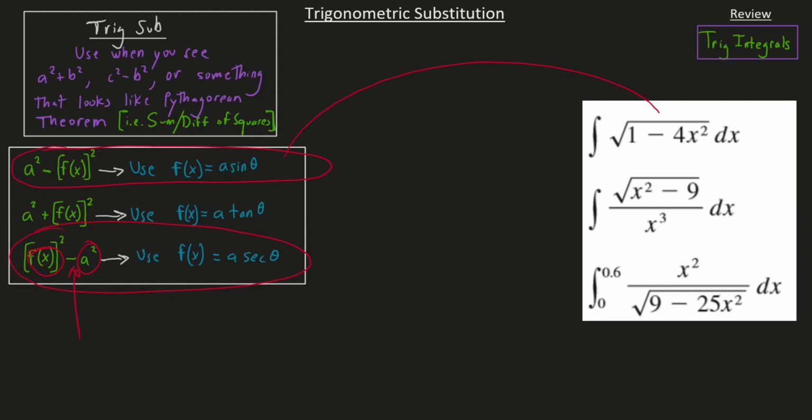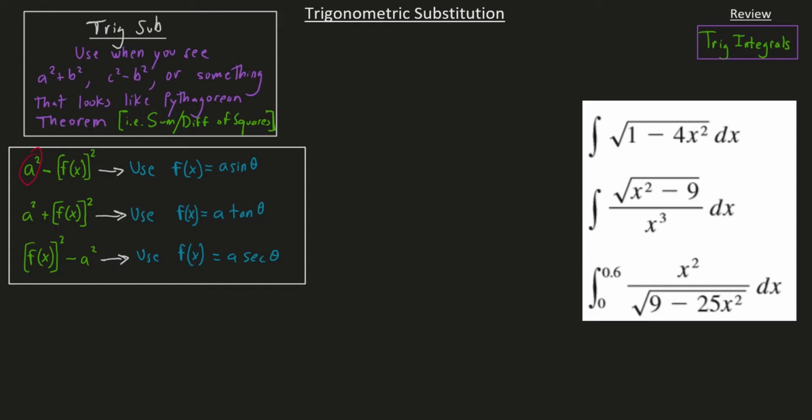Well, here we clearly see some number first, then the minus, and then the thing with x in it squared. So we're going to use the first entry.